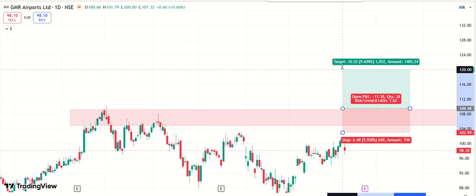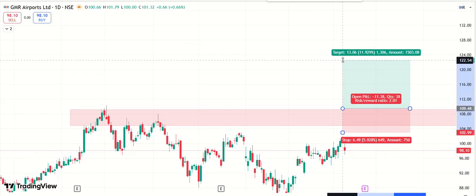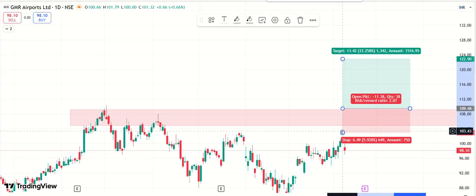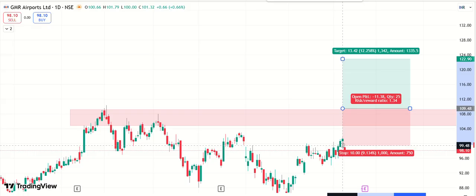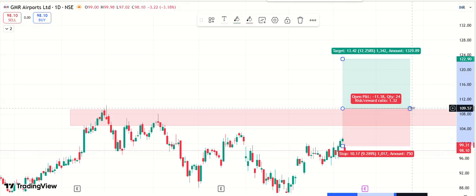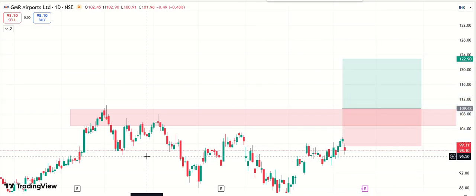Usually I get the 12 percent figure, not intentionally, because I just analyze the previous moves. So the entry price should be 109, the exit will be 123, and the stop loss will be 98. Here also there is no immediate trade, so we have to wait and see whether the analysis will work or not.